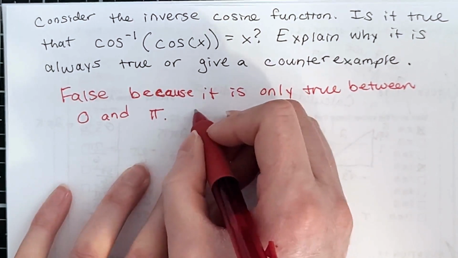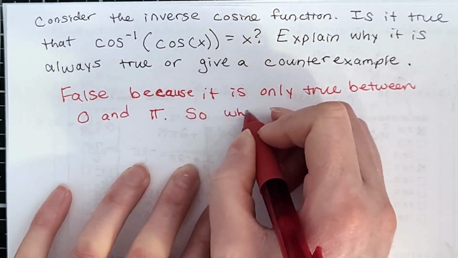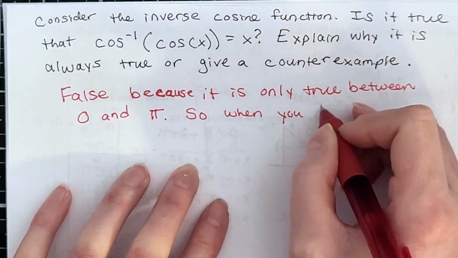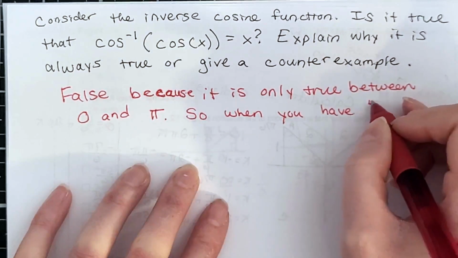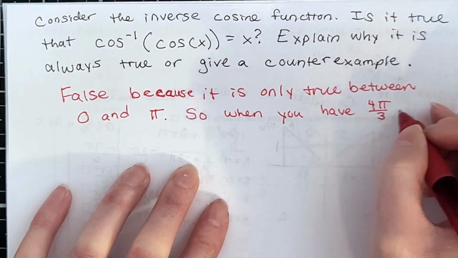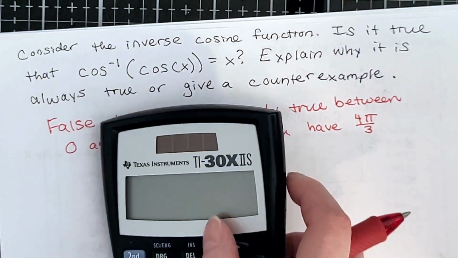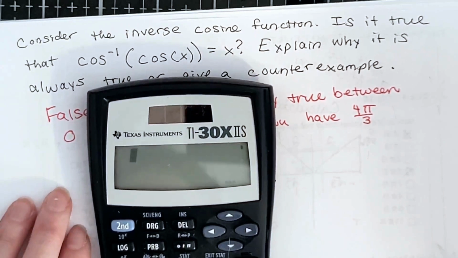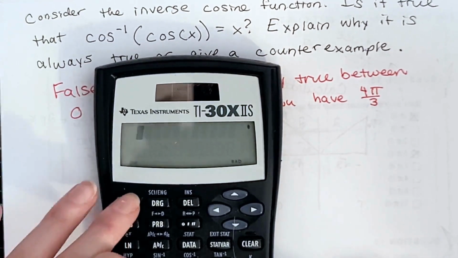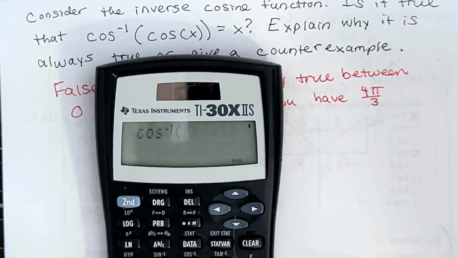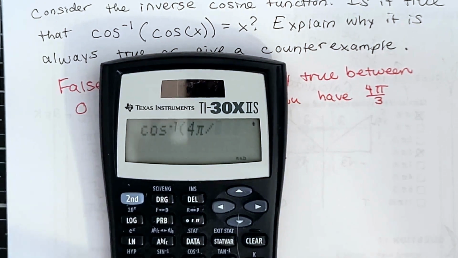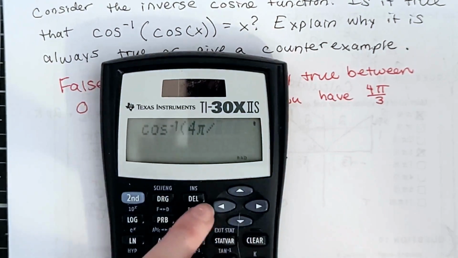So when you have 4 pi over 3, and this is when your calculator comes in handy, you can type this in. So we have cos inverse, oh wait, hold on, I didn't even type that in right.